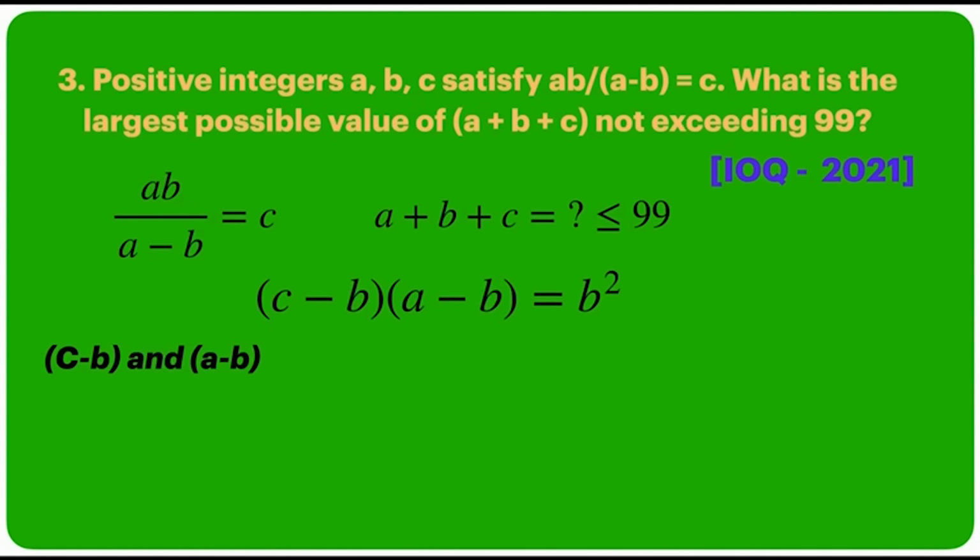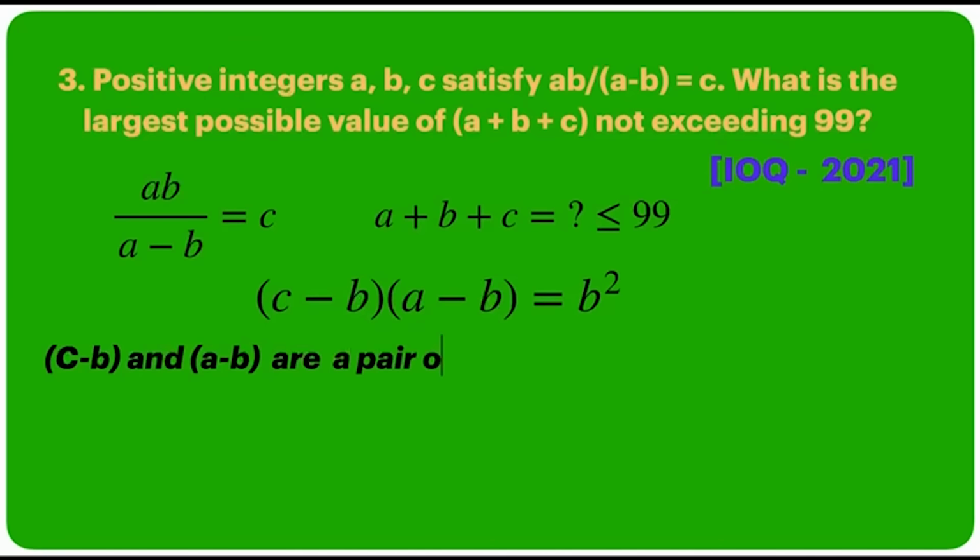So we can see that c minus b and a minus b are complementary factors of b square. So c minus b and a minus b give a common sharing factor of b square.